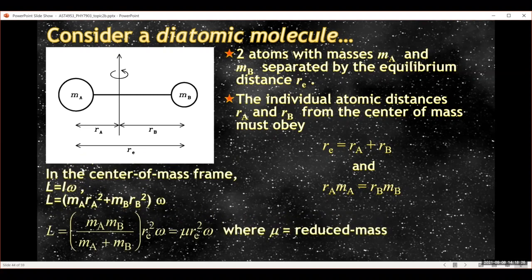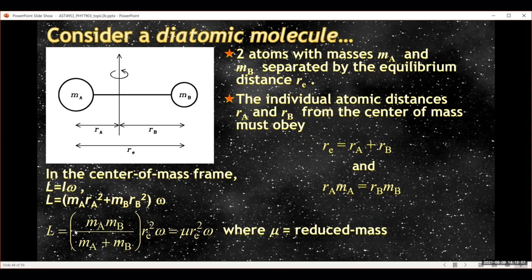Doing a little bit of math, we've got angular momentum is moment of inertia times the angular velocity. And then we can put in the formula for the moment of inertia, which is MA RA squared plus MB RB squared, altogether times the angular velocity. And we can simplify this down. I'm not going to go through the math, but you can figure it out. And we end up with something which is MA MB over MA plus MB.